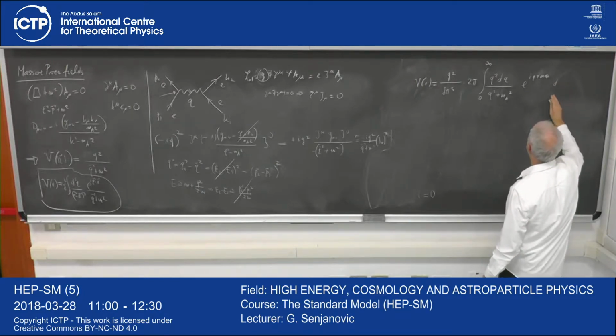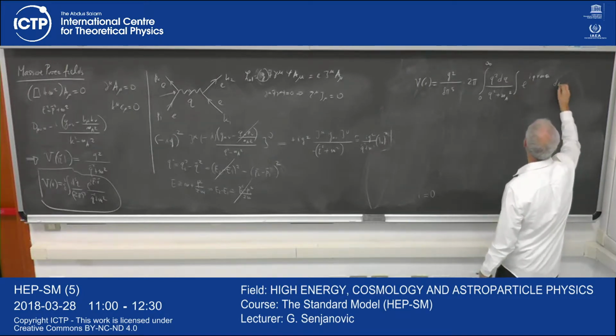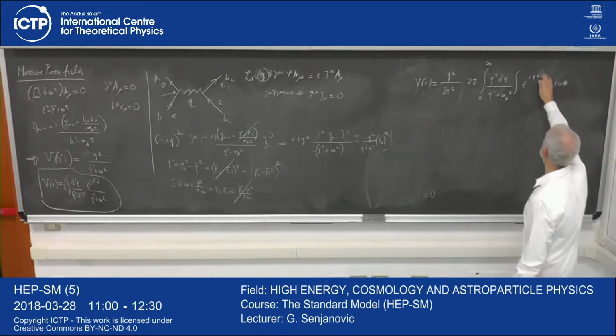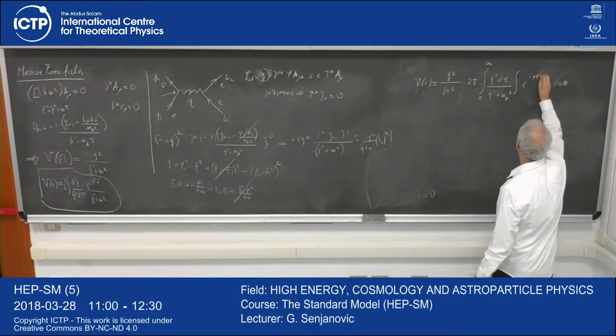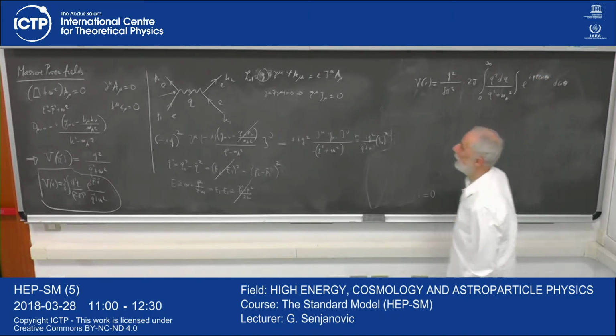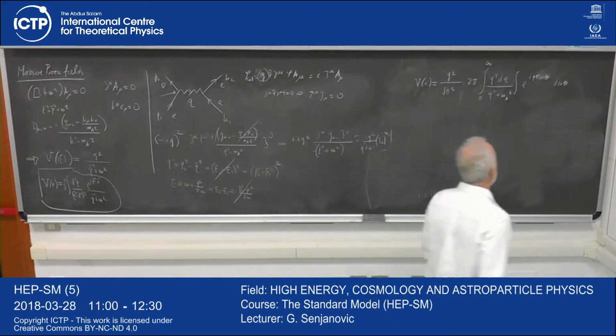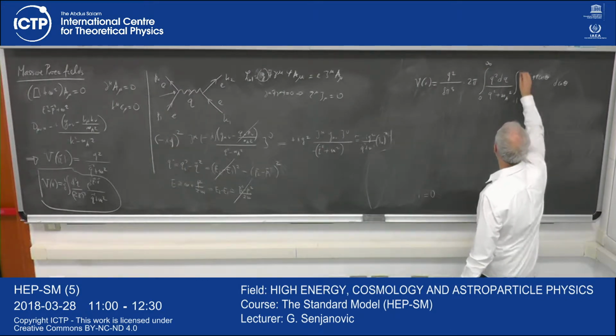There is an integral over d cosine theta, right? This is e to the i q r cosine theta, and theta goes from 0 to pi, so this goes from minus 1 to 1.